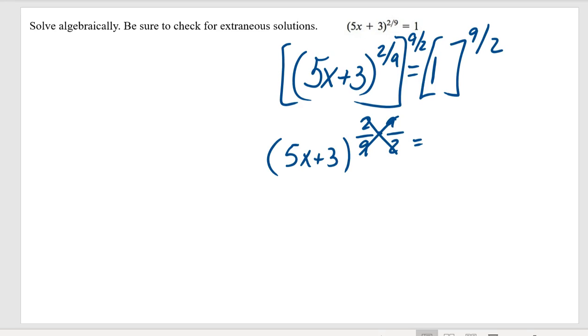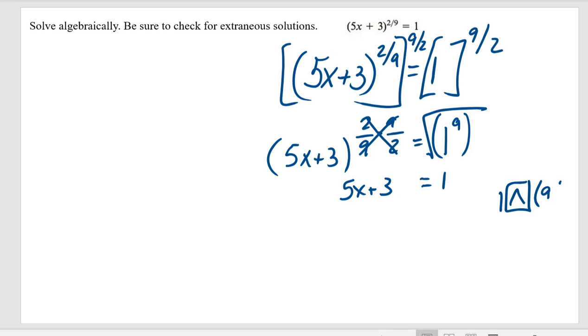So if we simplify the other side, 1 raised to the 9th power is 1. If we take the square root of that, that's going to be 1. Or we can use our calculator and just enter in 1 and then use the little caret button and type in 9/2. That's another way to evaluate that.